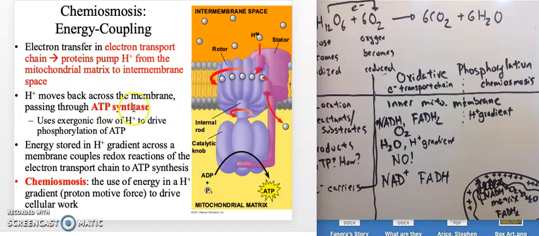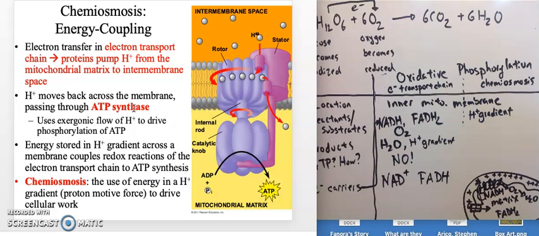ATP synthase is also embedded in the inner mitochondrial membrane, but ATP synthase is not part of the electron transport chain. It doesn't receive electrons, it doesn't donate electrons, it has nothing to do with electrons. What happens with ATP synthase is it allows the hydrogen ions to diffuse back down their concentration gradient into the mitochondrial matrix.